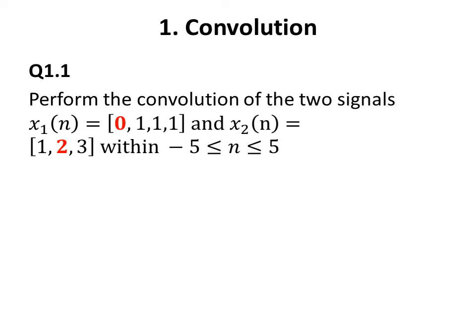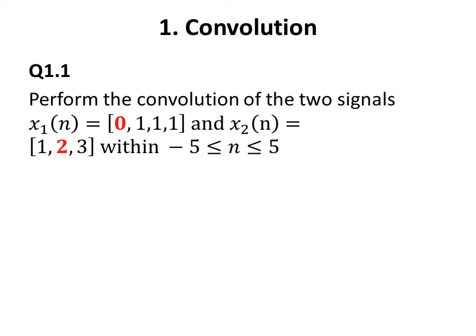So basically what we are doing here is, first of all you have to define n from -5 to +5. Then you have to define x1[n], and when you are defining x1[n], you have to make sure the 0 value is at n equals 0.